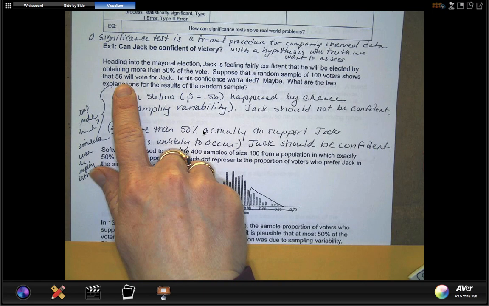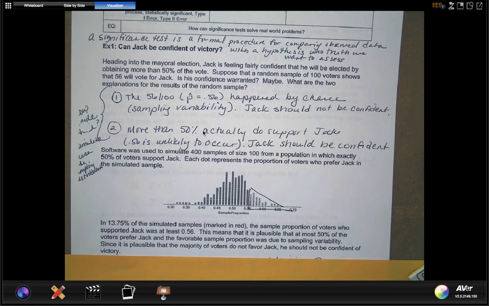So 13.75% of the time, we could get a sample result with a p-hat of 0.56 or larger. I am going to say that that's not that unusual. So since he observes that from one sample, it's not that unusual for me to observe a value like that. Therefore, the fact that he observed that is probably just due to chance, and he shouldn't be confident of victory.